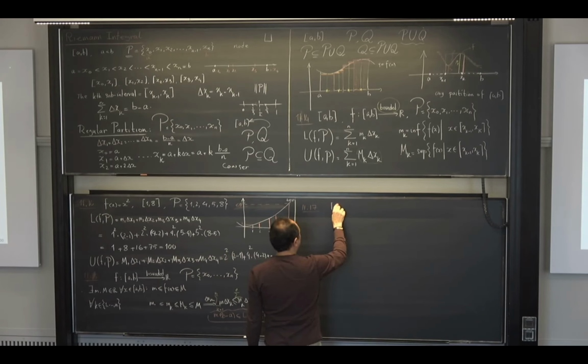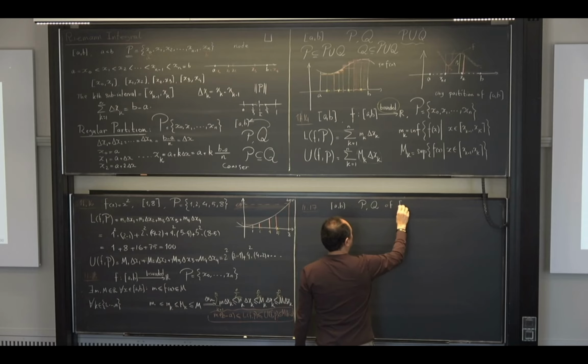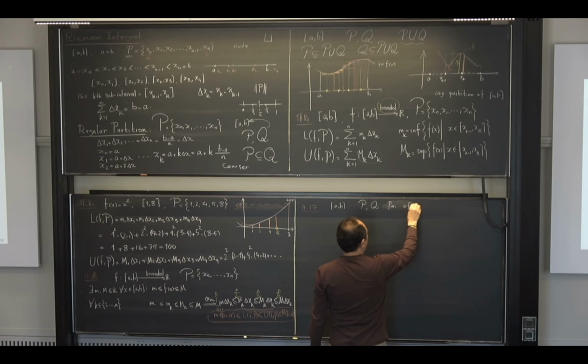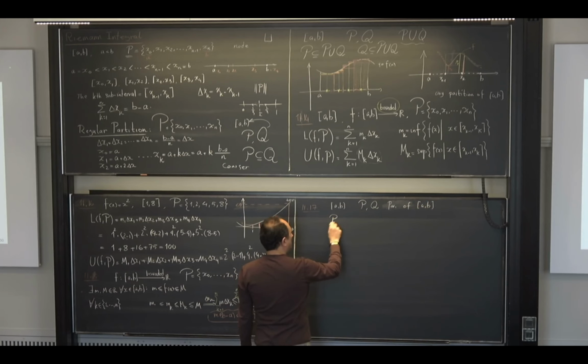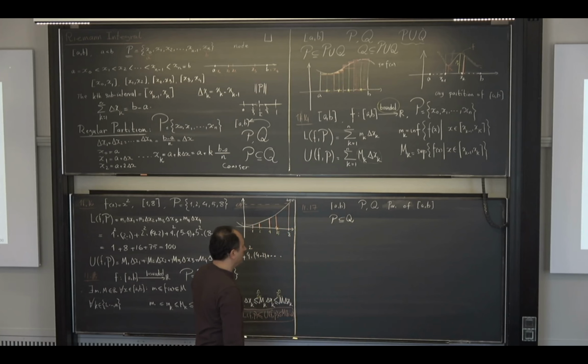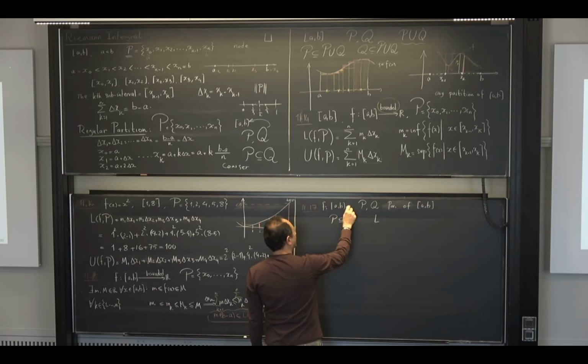So I have an interval, I have two partitions of A and B. And then one of them is a refinement of the other one. So P, for example, is a subset of Q.